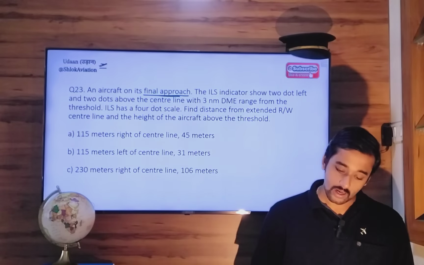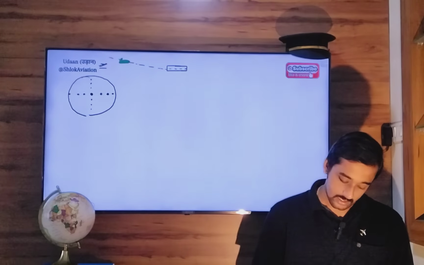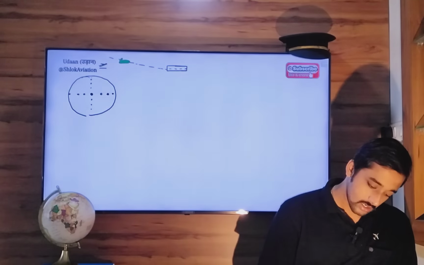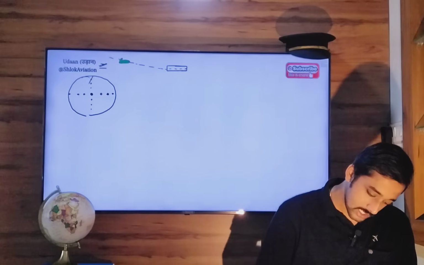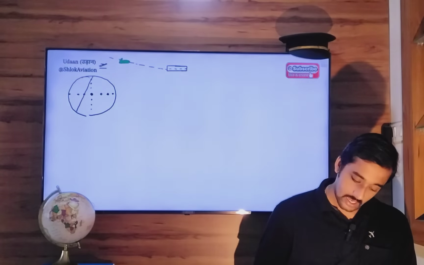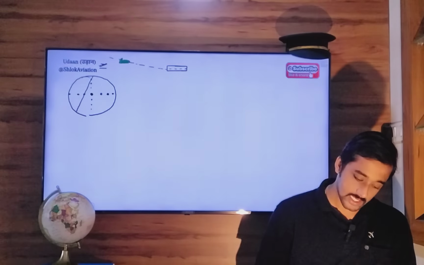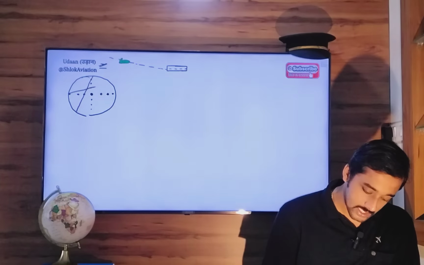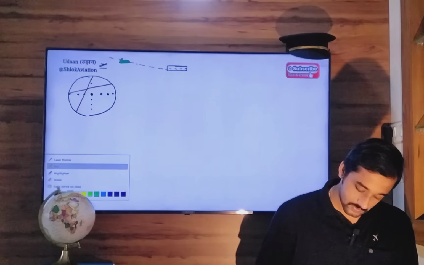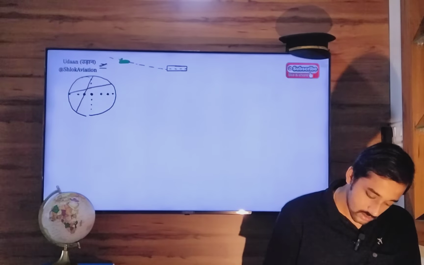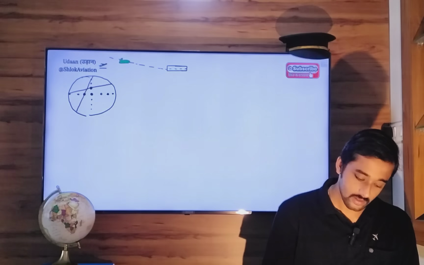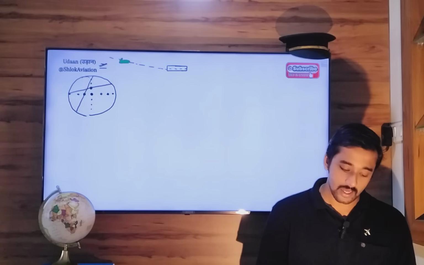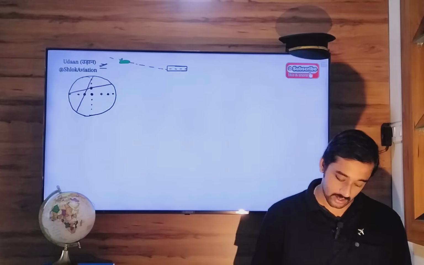Now the 2 dot left indication is this, and 2 dots above the center line indication. So that means 2 dots above the center line indication is this. Okay. This is the indication given by the CDI indicator in your aircraft.